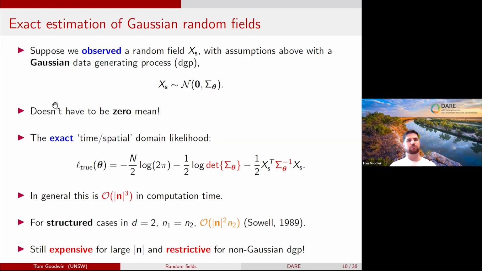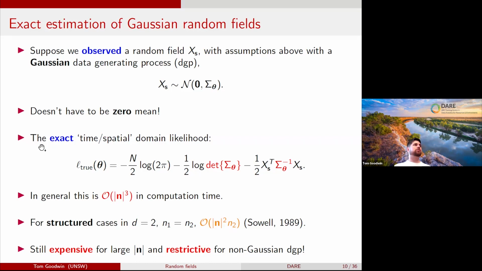We don't have to assume a zero mean; we can have a mean of beta times X with some covariance, but in this talk we'll just assume it's zero. Adding covariates in the conditional mean is not actually that problematic. It can be done relatively straightforwardly.